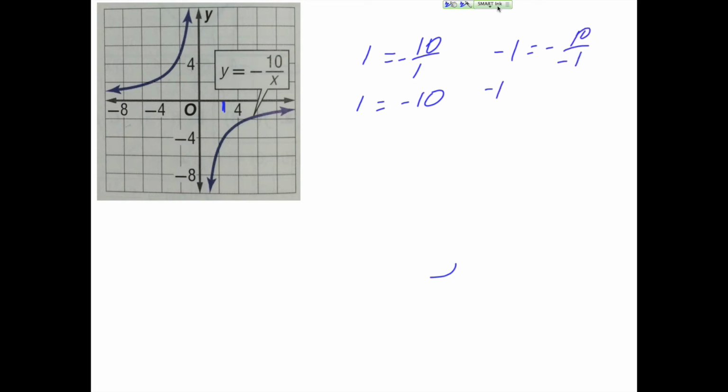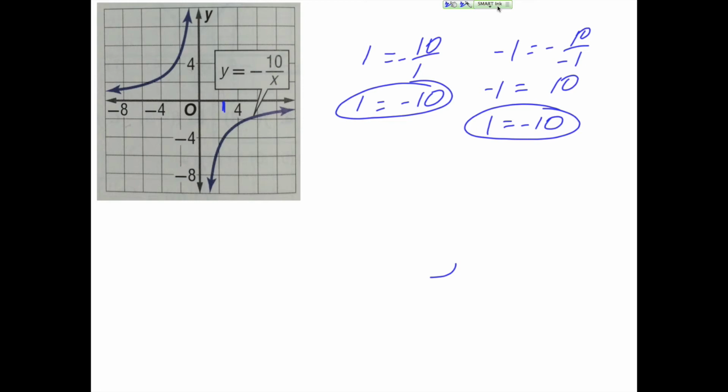And that gives me negative 1 equals positive 10. Do I have the same thing? Yes. I do have the same thing. Can I kick this negative over there? So since that and that are the same, that means I have origin symmetry. Okay, so when you get the same thing, you have origin symmetry.